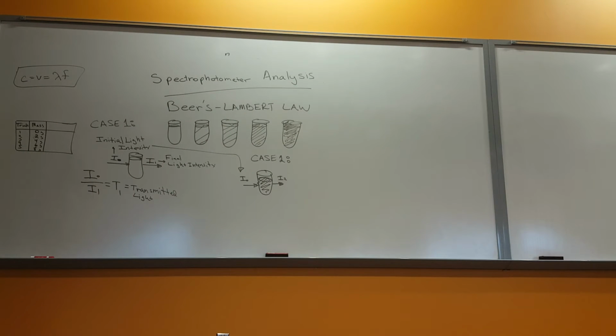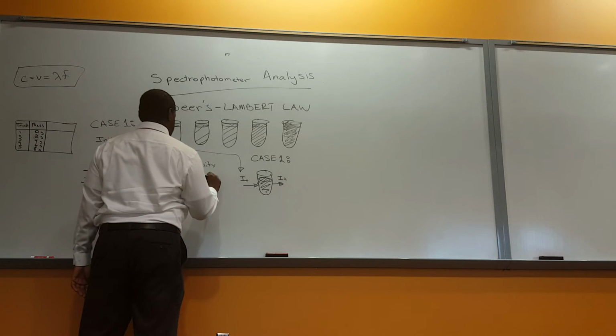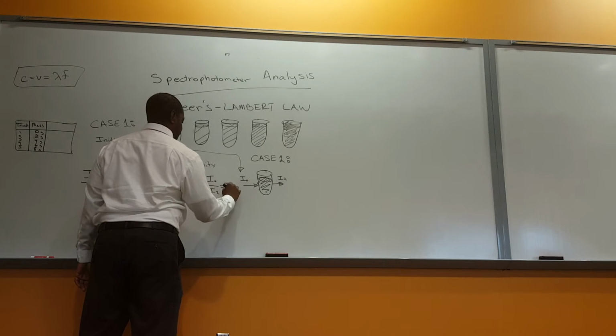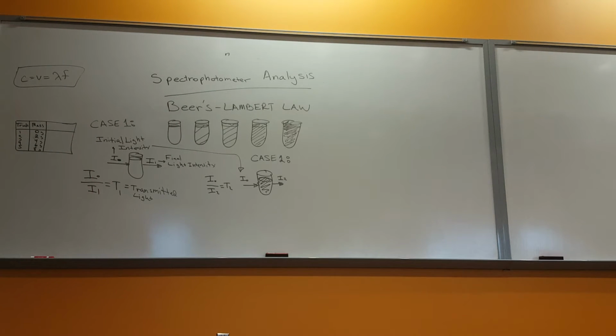All right, so then you have I sub 0 over I sub 2 equal to what? T2, right? So which one's going to be larger, T1 or T2? You sure about that? T1 is going to be larger. Yeah, T1 is going to be larger.